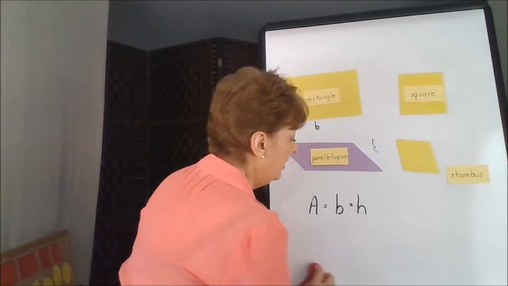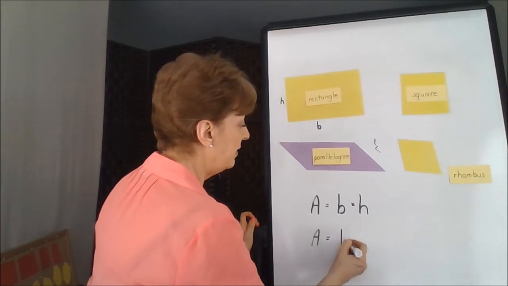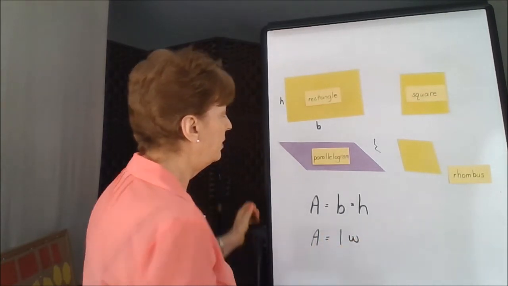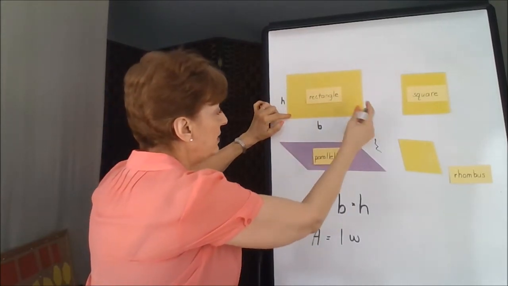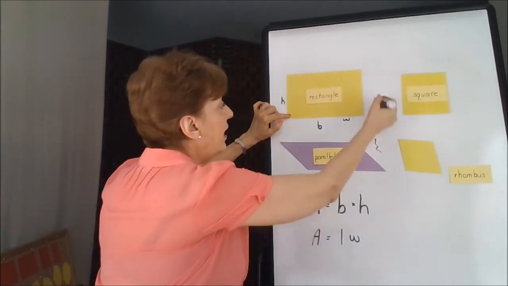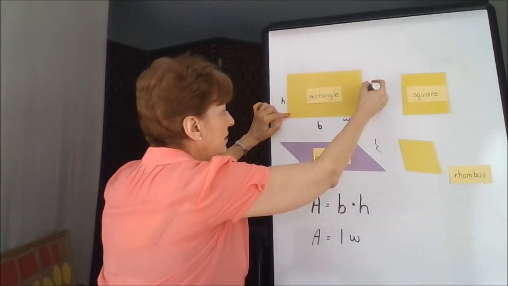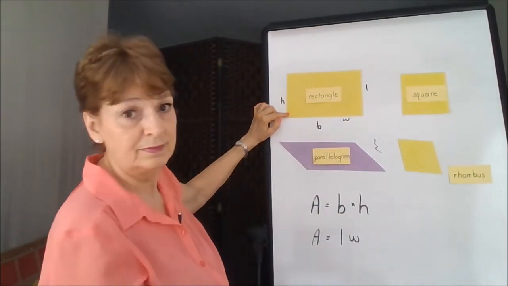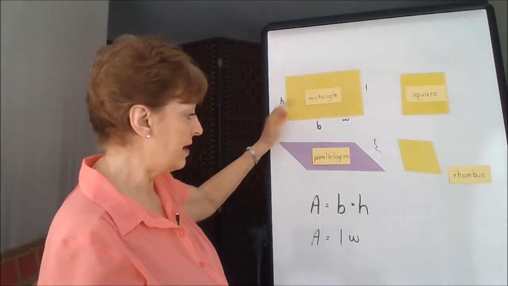Sometimes this is shown as area is equal to length times the width, where you would have the width of the rectangle being this way and the length this way. So it doesn't really matter. We can use base times height or length times width.